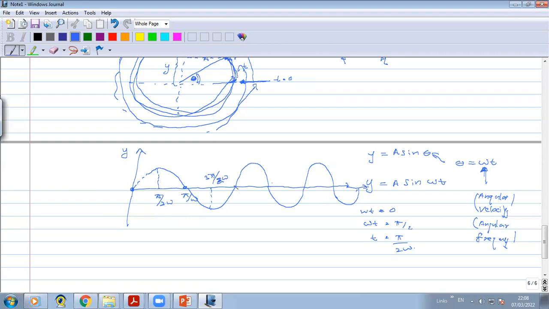And here it is 2pi/omega, here it is 3pi/omega, here it is 4pi/omega, like so. So it is with respect to t. So you can see that.